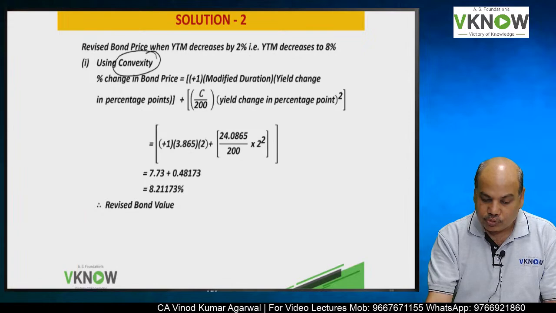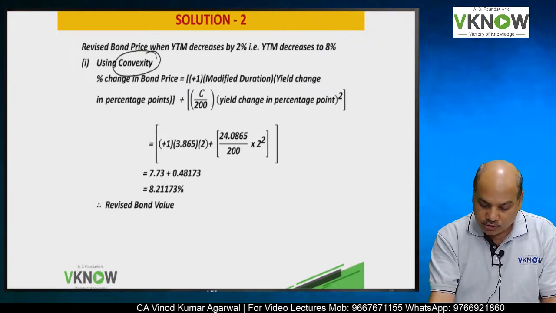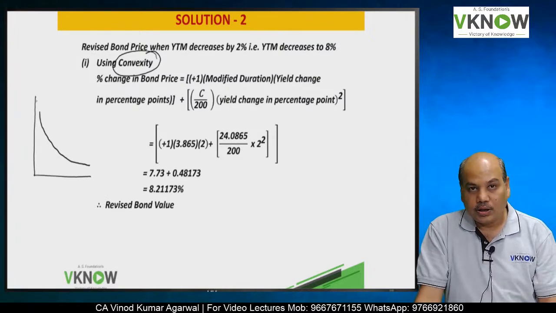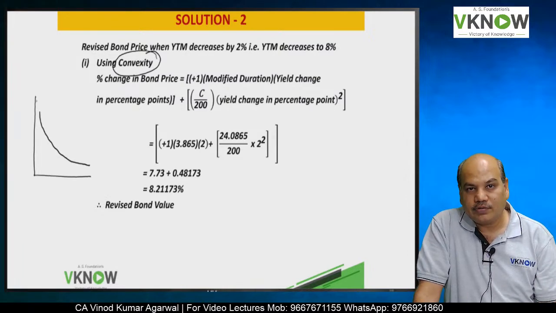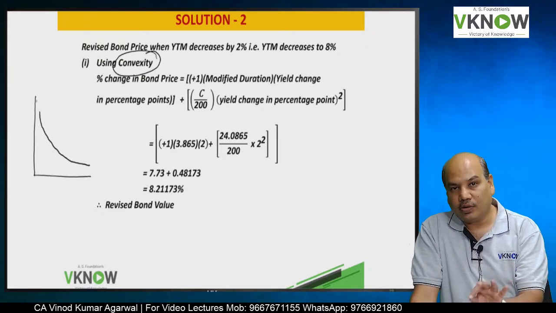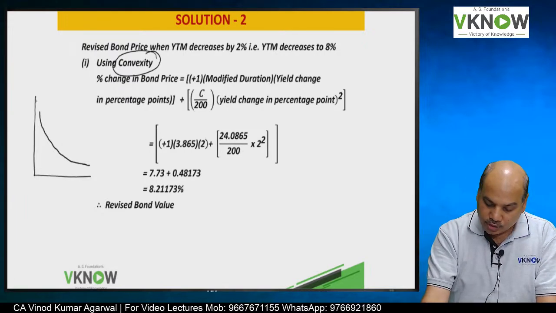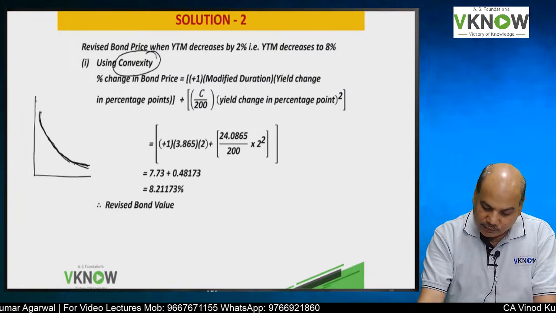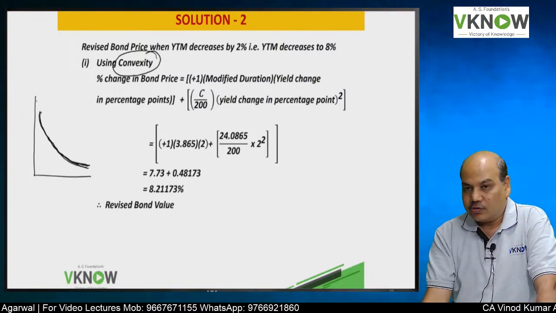Convexity concept gives you a more accurate answer, because as you know, the relationship between the bond price and YTM is not a straight line, not a linear equation, but a convex. So that is why we have to give importance to the convexity of the relationship, and hence this formula.